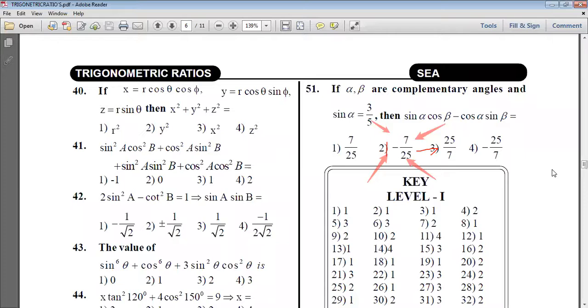Then what is the value of sine alpha cos beta minus cos alpha sine beta? Second option.